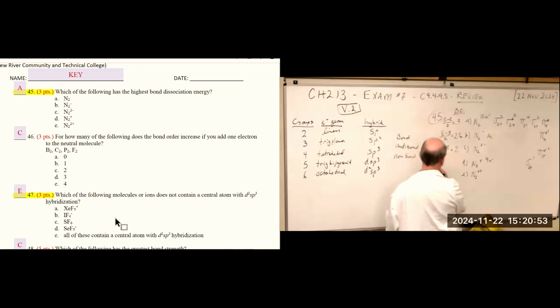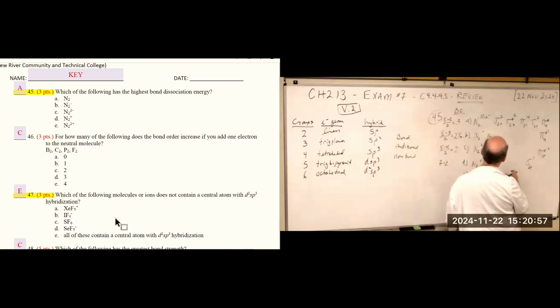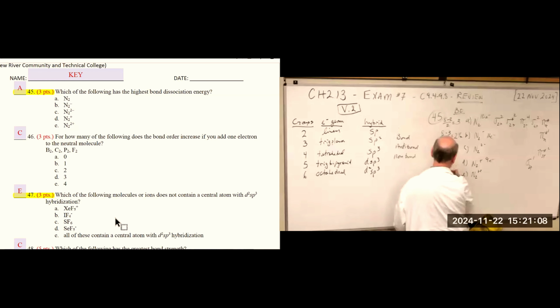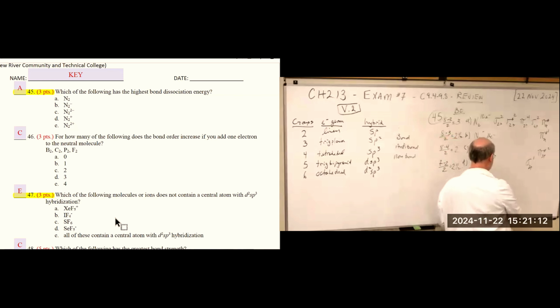So we would have 7 minus 2 divided by 2. So that's 2.5. And then this one does away with that one altogether, right?